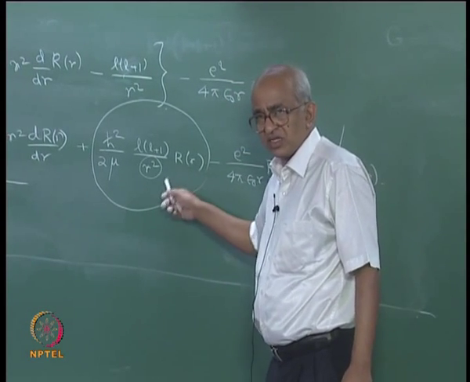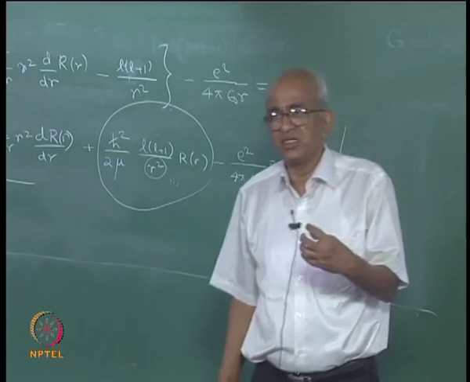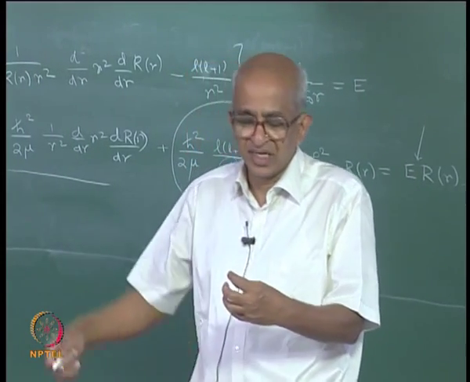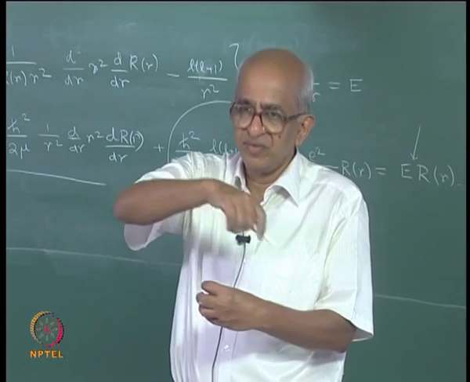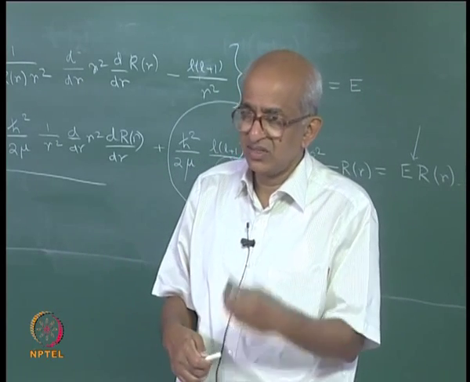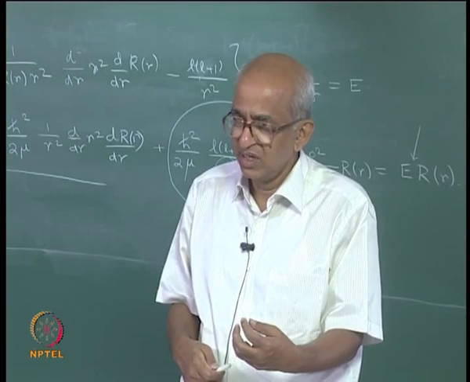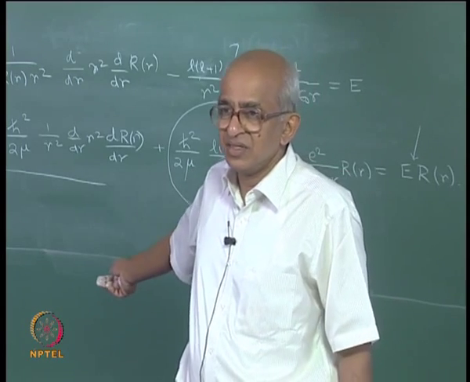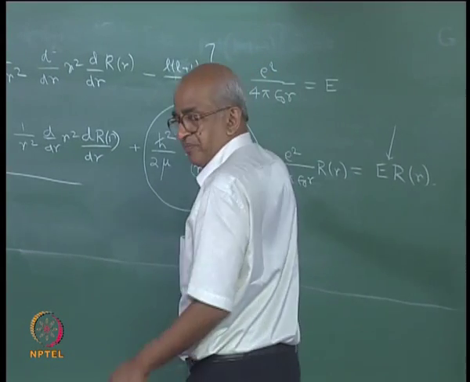So, this term is coming from the angular motion, and because the angular momentum is conserved, the electron is constrained to move faster as it approaches the nucleus, and therefore its kinetic energy due to angular motion will increase. So, this is actually that term.